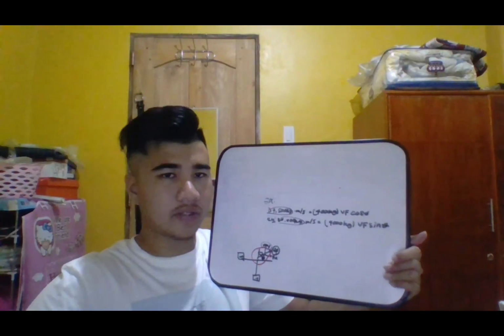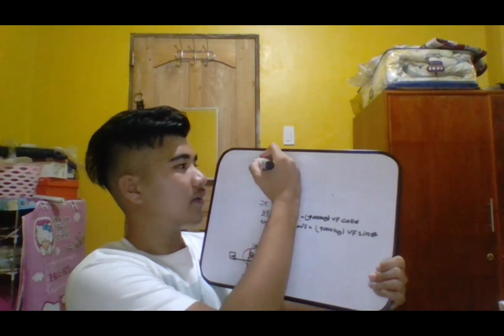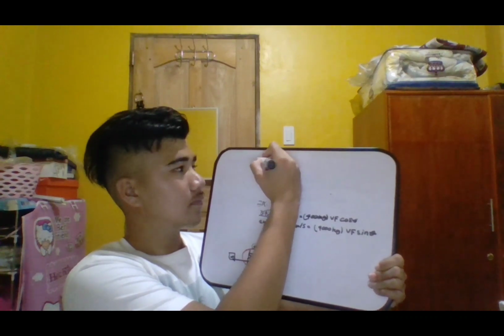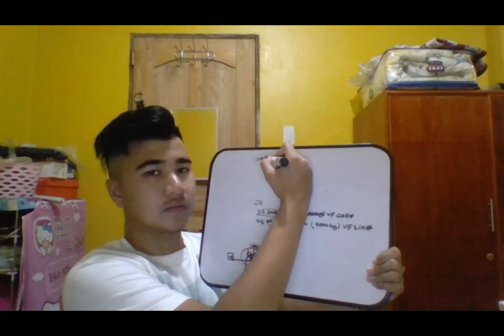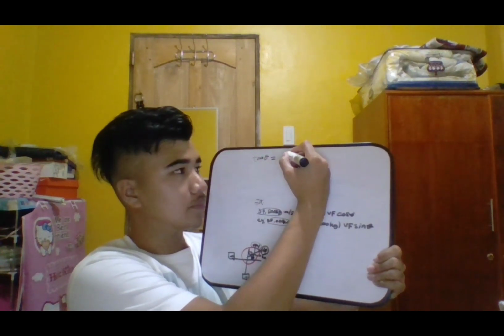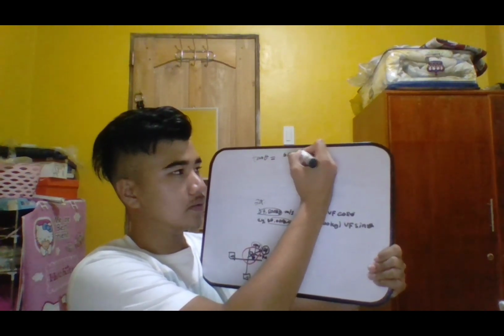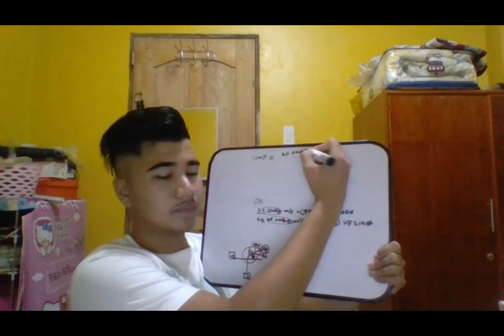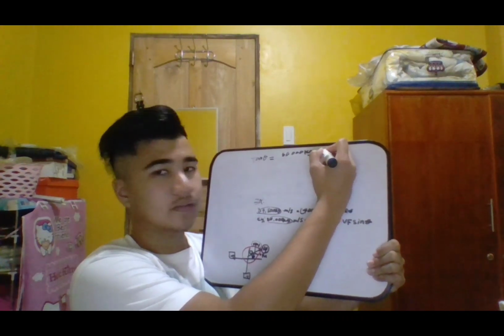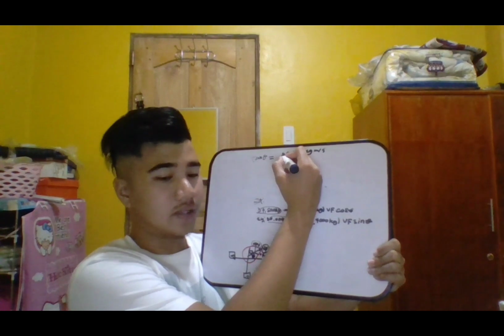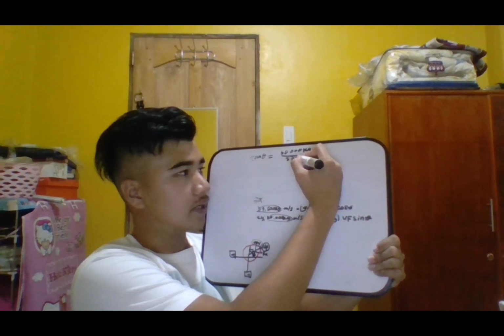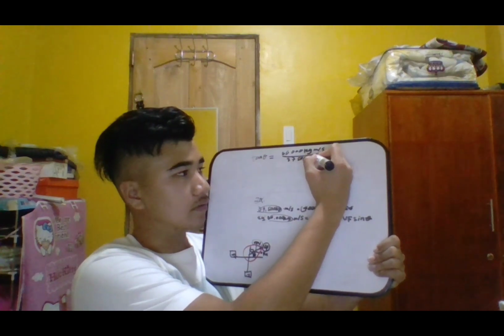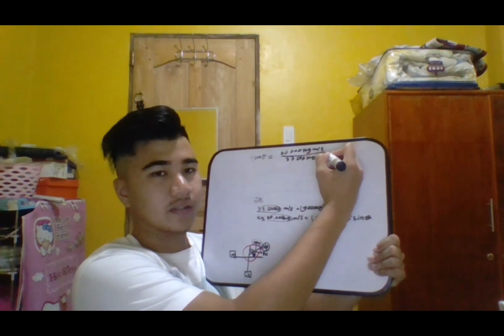To solve for the angle, tangent theta is equal to 50,000 kilogram meter per second divided by the 37,500 kilogram meter per second.